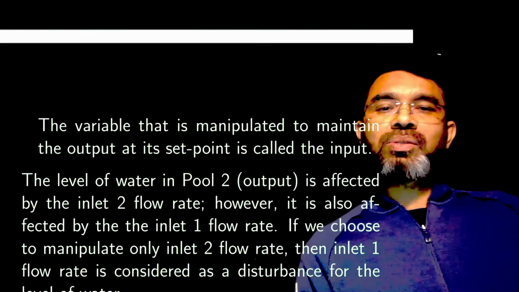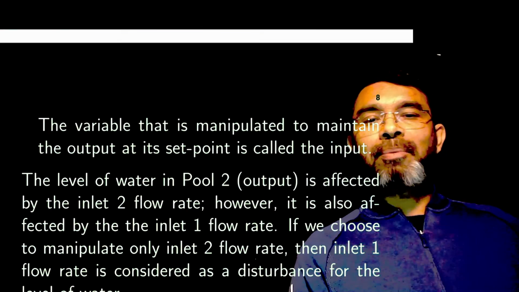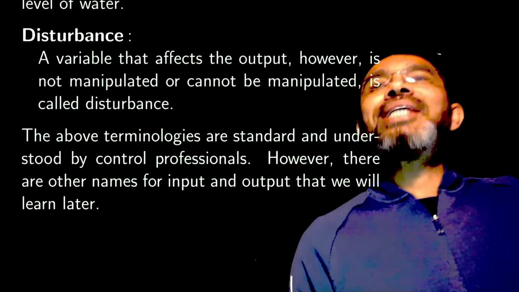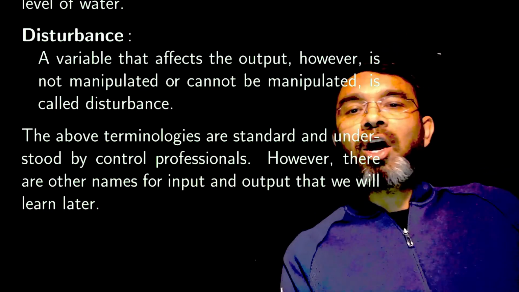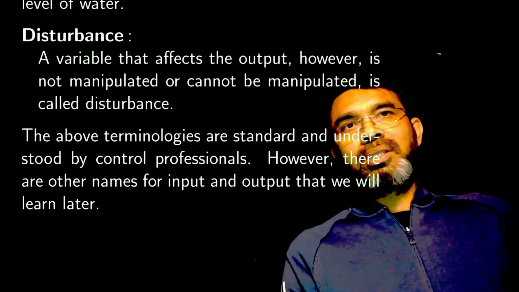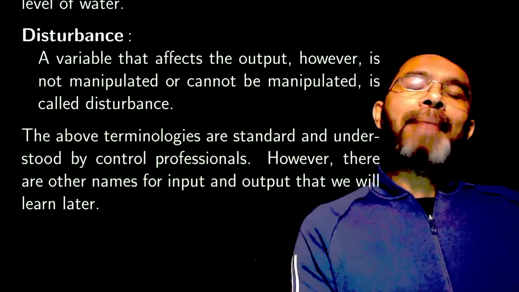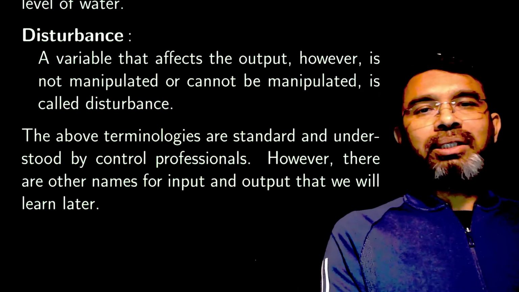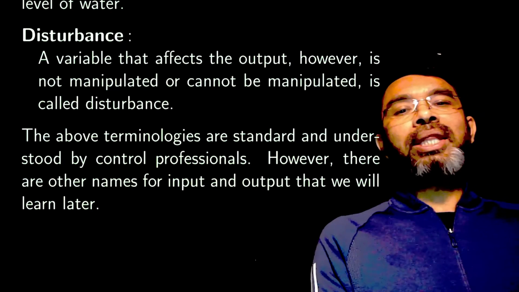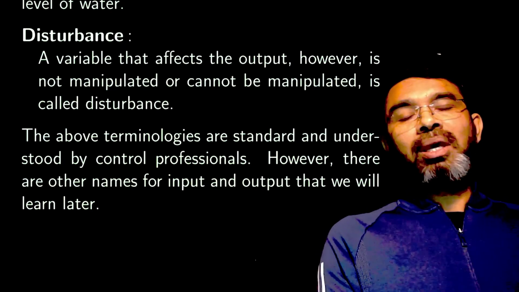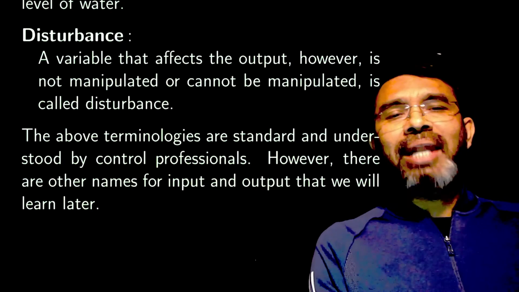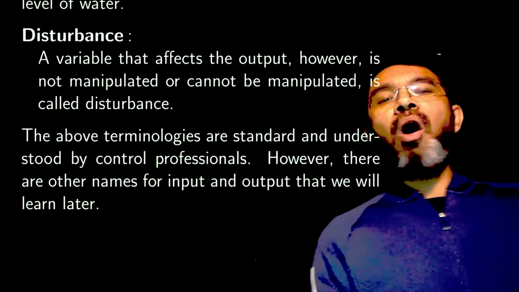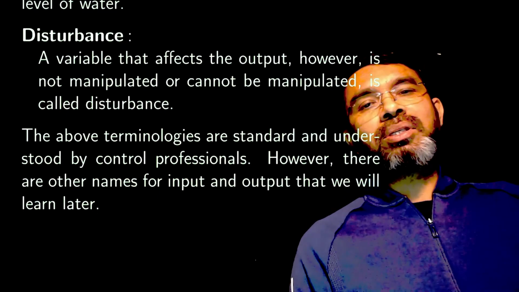What is a disturbance? A disturbance is a variable that affects the output, however is not manipulated or cannot be manipulated. For example, the outside temperature may affect the room temperature, but we cannot really do anything regarding the outside temperature. But there are other variables we can manipulate, but we may not choose to. All these variables will be disturbances.